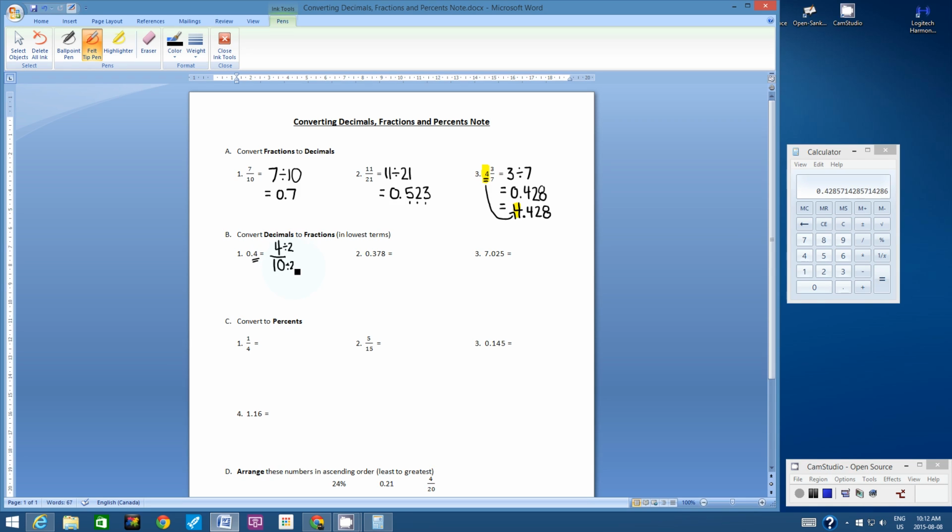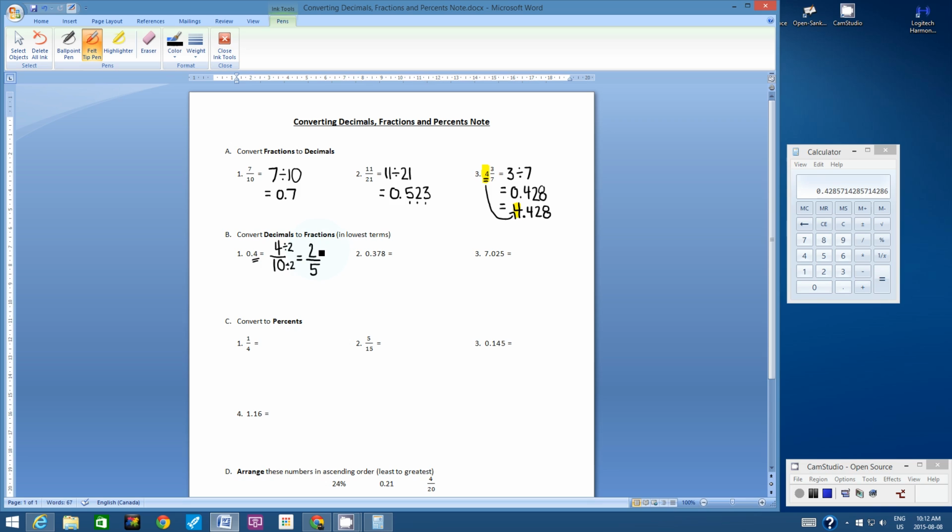Again, showing all your steps. Let's work on the numerator. The new numerator will become 4 divided by 2. 4 divided by 2 is 2. The new denominator is 10 divided by 2, which is 5. Now we always have to keep asking ourselves, is this the lowest term?